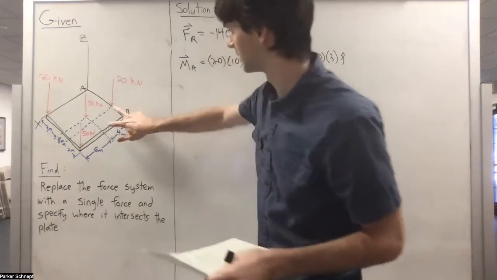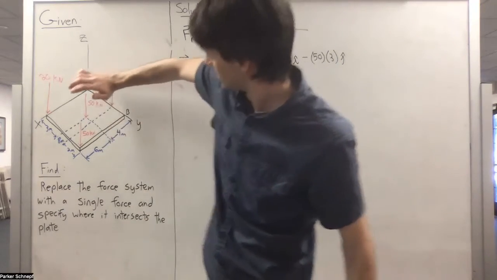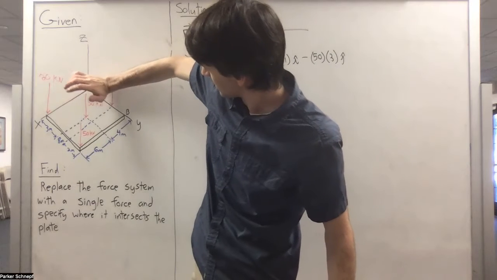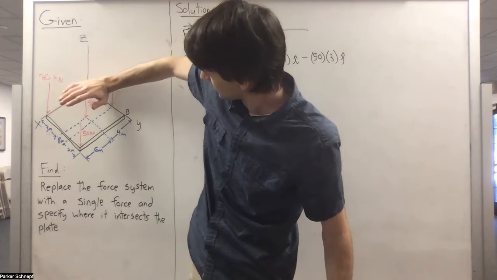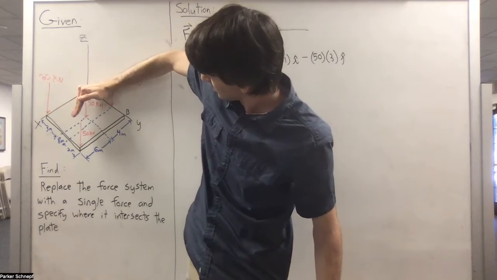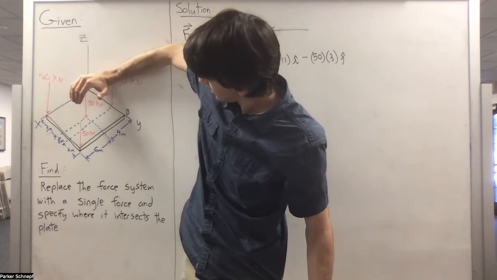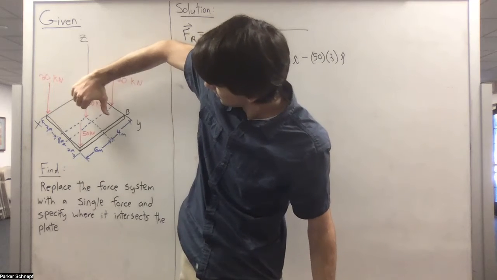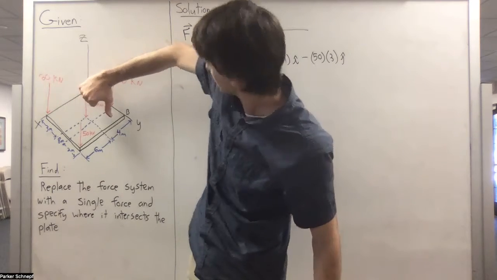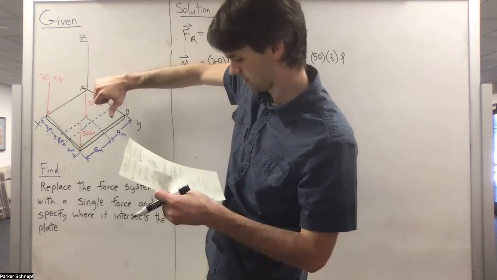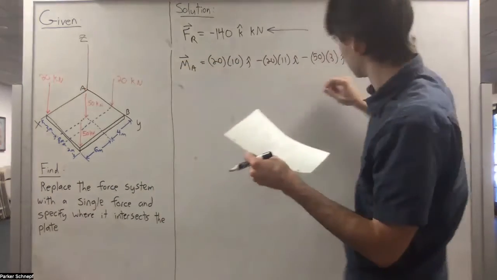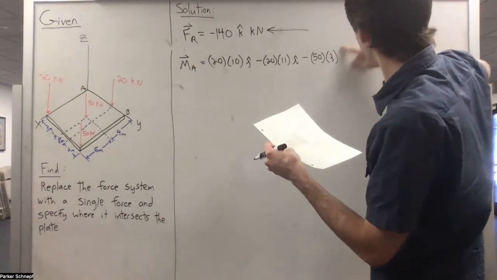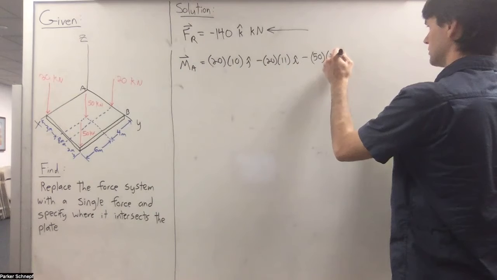That's the y, but this force will also cause a moment in the x direction. If I look at this distance, the x distance 4, going from here to here, it's going to cause a positive. You have to be careful.